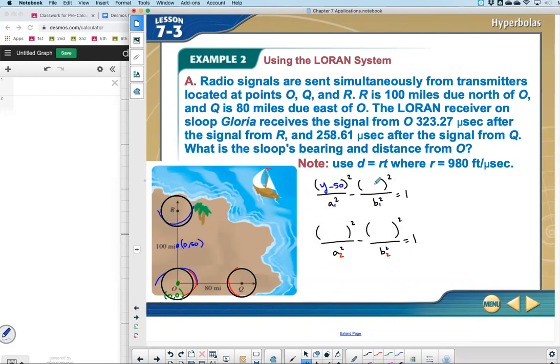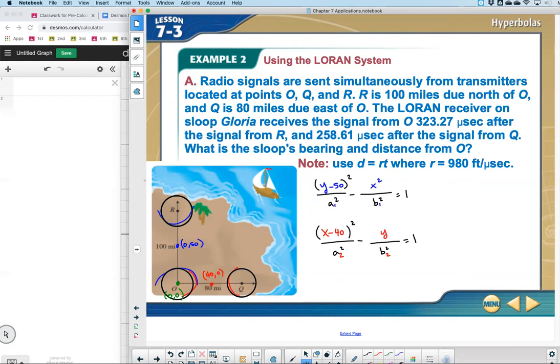The x isn't to the left or the right, so it'd simply be x squared. For that red hyperbola, the center would be 40 miles over. So it would be 40 to the right, so 40, 0. Since this is a horizontal hyperbola, it would be x minus 40 and simply y squared.